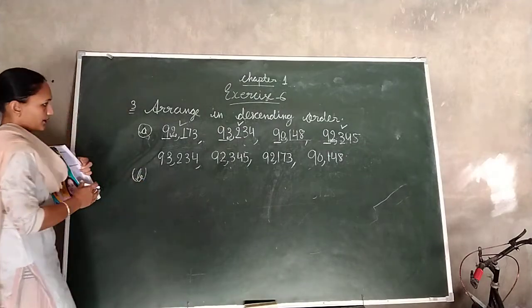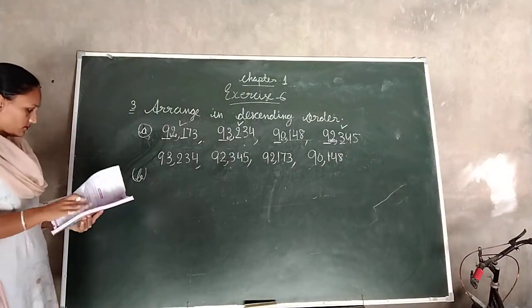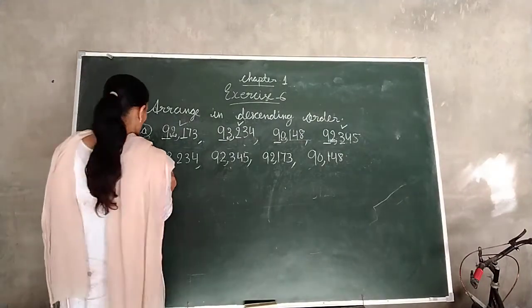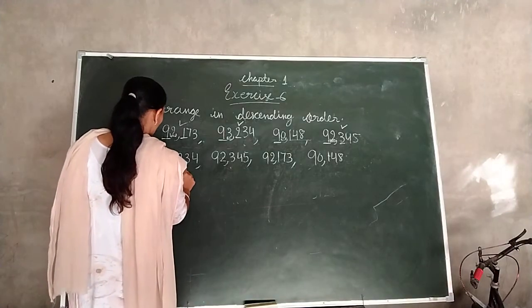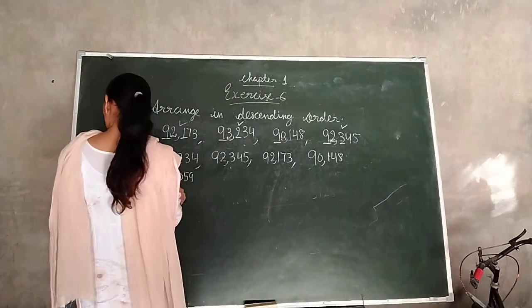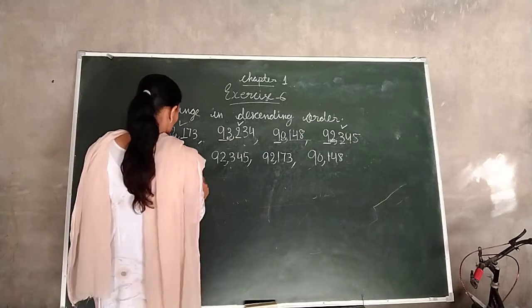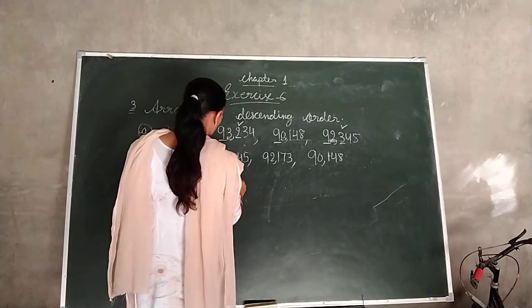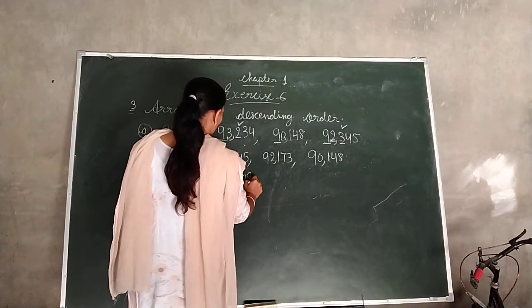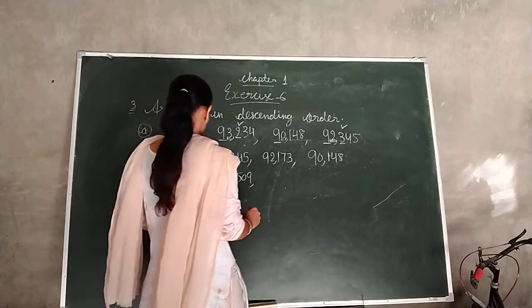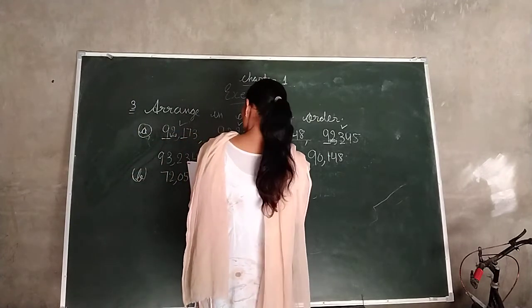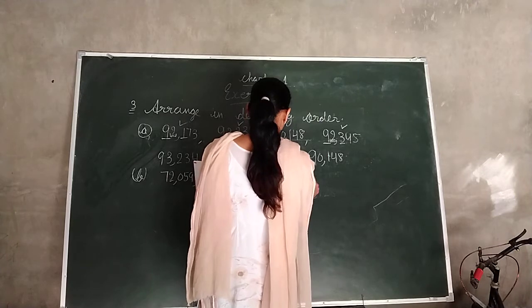Next B part. 72,059. Next 72,509. 72,590.